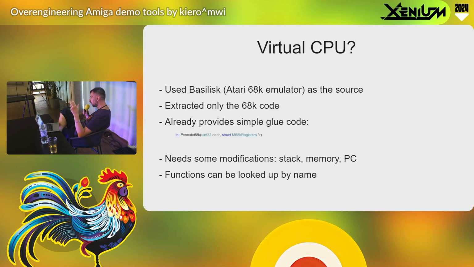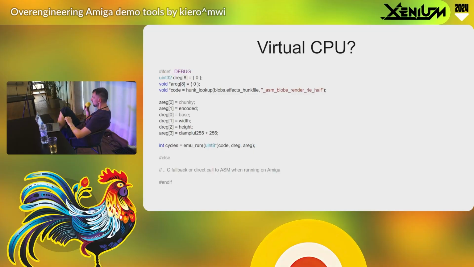And because in one assembly unit you could have multiple routines, we did a bit of reflection, so you could look up all of the symbols that were declared as extern. So in the code, it looked like this. You could look up the routine by name, you set up the registers, and if you notice, we had something like the cycles that was returned, right? But I'm going to be talking about this later.